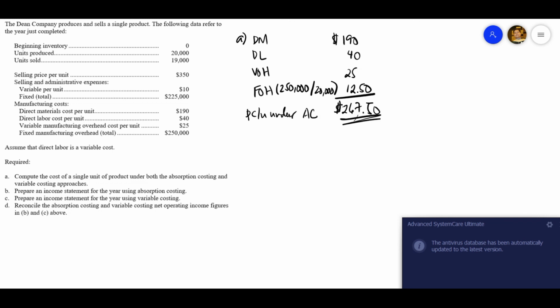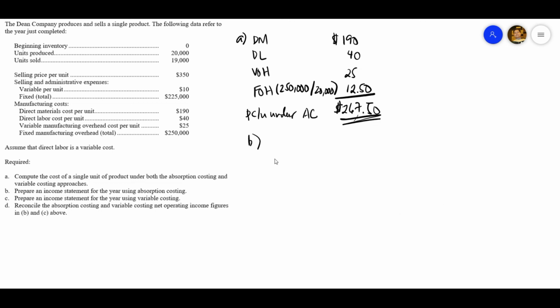This is your product cost per unit under absorption costing. How about for the variable costing? It will only include these three items: your direct material, your direct labor, and your variable overhead. So it's 190, then 40, and 25. That should give us a value of $255 per unit.